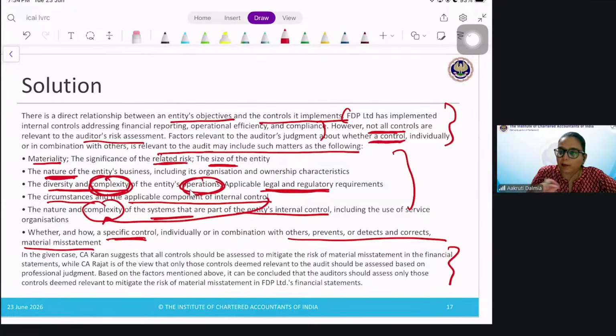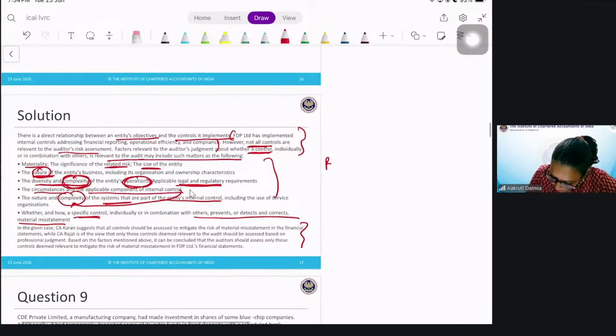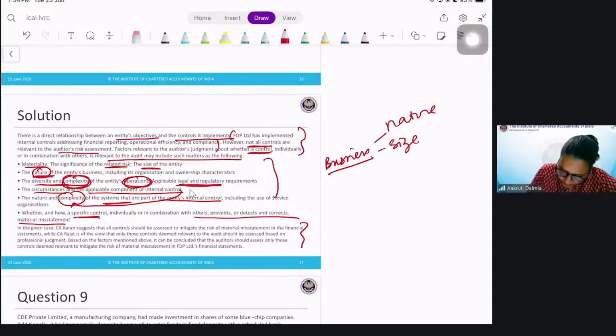Remember the Indigo example, not all controls are relevant. So which controls are relevant for me? I have to see what is the nature of business. So look at business-related points. First, business-related points. What is the nature of business? What is the size of the entity? What kind of transactions they do, diversity and complexity?